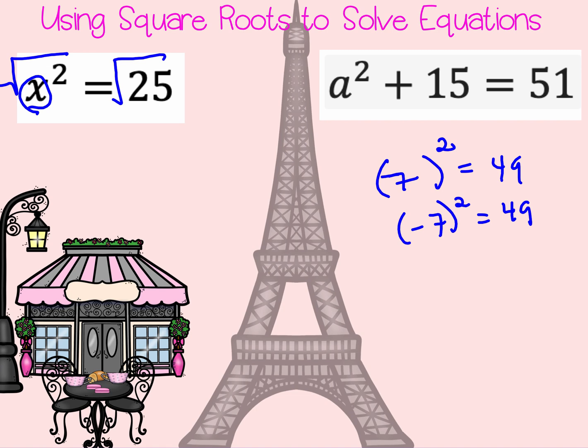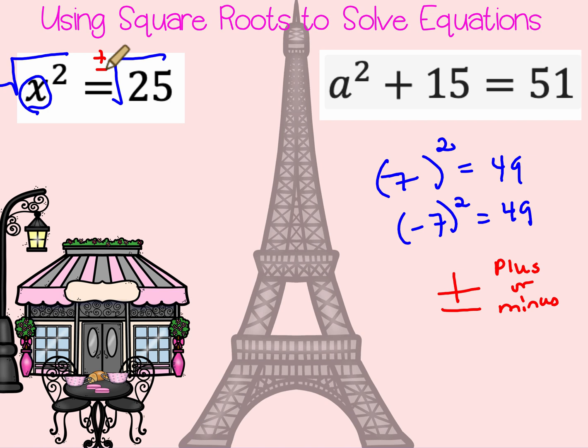So we use this symbol, and it's pronounced plus or minus. What it means is include the positive and the negative possibilities. So right here on my right side, when I'm evaluating the root of 25, I include the positive and the negative of this root. It goes on the outside of the radical.